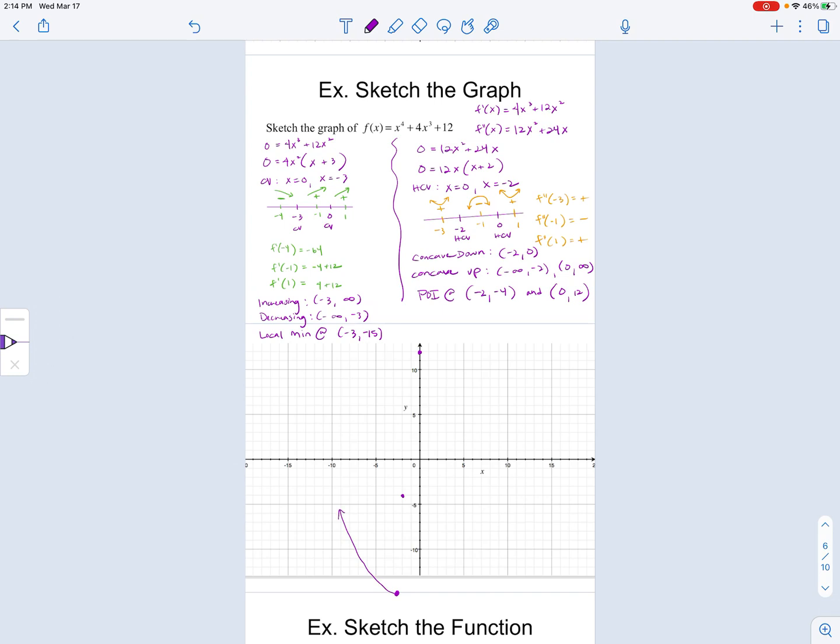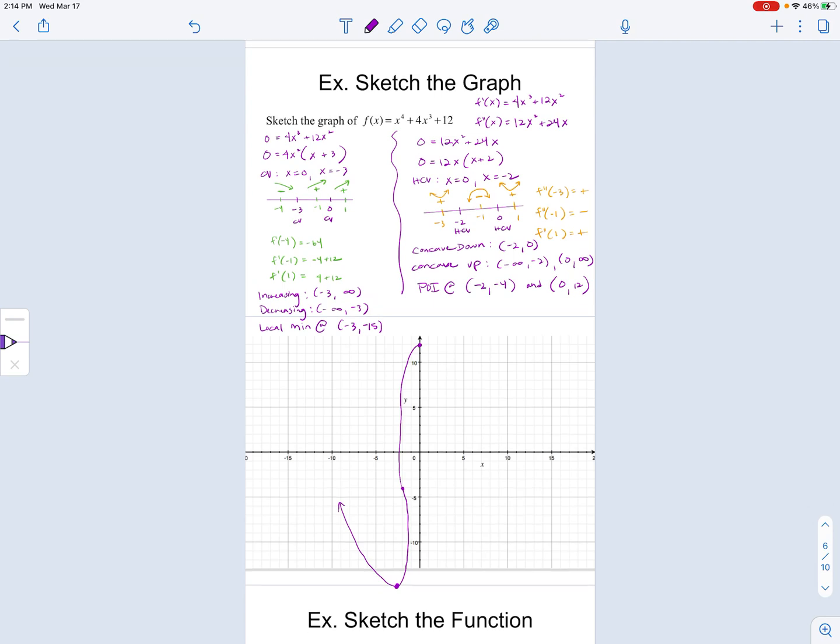as points of inflection. Putting everything together, since -3, -15 is the local min, the graph has to curve up. And then the graph switches to being concave down between -2 and 0.